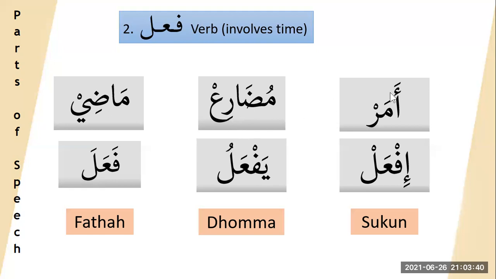And amar, the command verb, a sukun. So that's how you differentiate them. If it's not a noun and not a harf, then it has to be a verb. If it's not a verb and not a harf, then it's a noun. So that's how you differentiate them.